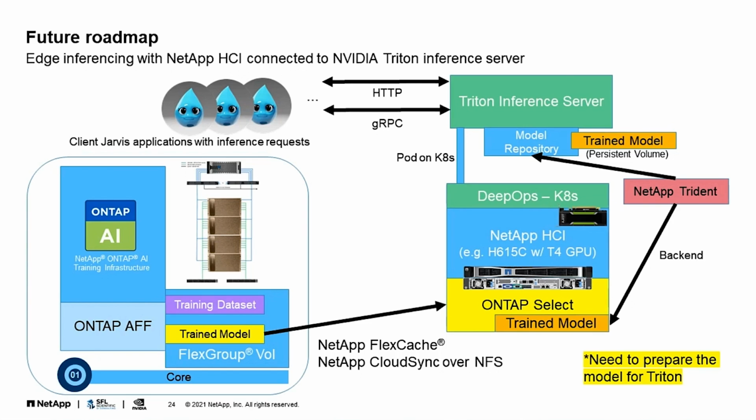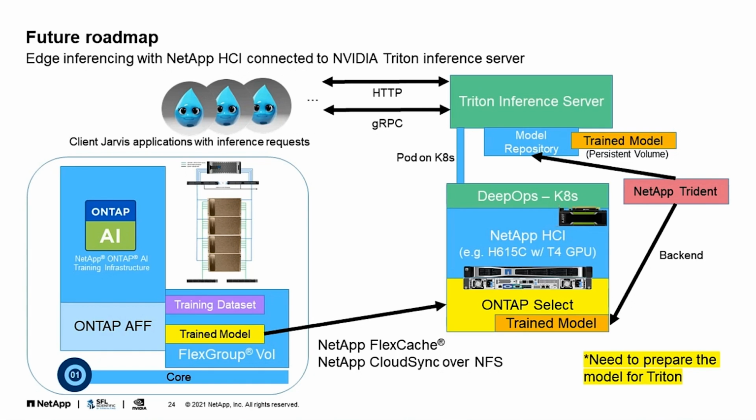The other option is to use NetApp HCI to deploy the whole application at the edge. You can imagine for statewide or nationwide, you can have on-premise data centers to handle the most complex training computations.